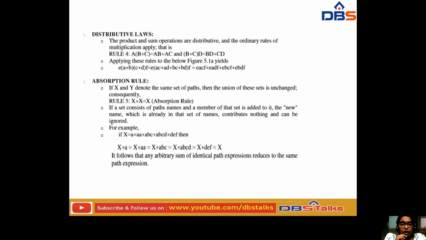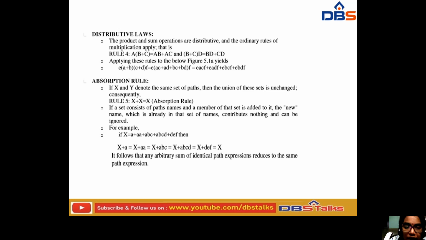Now the absorption rule: if x and y denote some set of paths, then the union of this set is unchanged. So from rule 5, x plus x is equal to x, that is the absorption rule. If a set consists of path names and a member of that set is added to it, the new name, which is already in the set of names, contributes nothing and can be ignored.